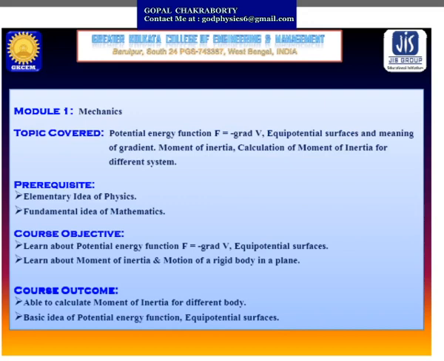After completion of this course, students are able to calculate moment of inertia for different bodies. They will also understand the physical significance of moment of inertia, and the basic idea of potential energy function and equipotential surface.